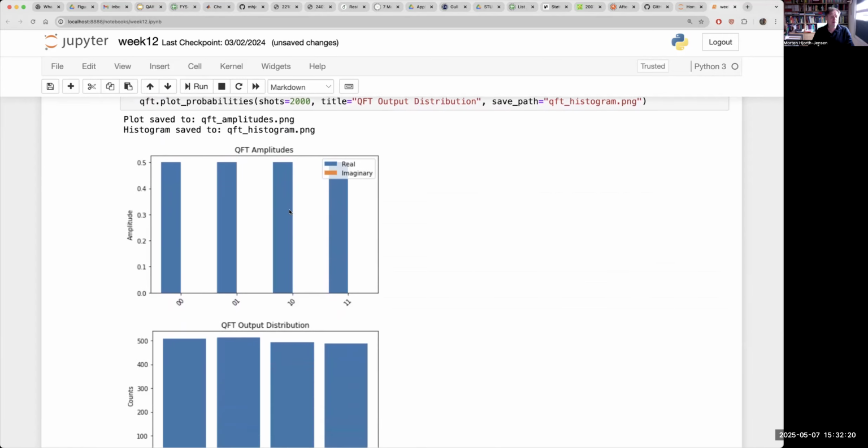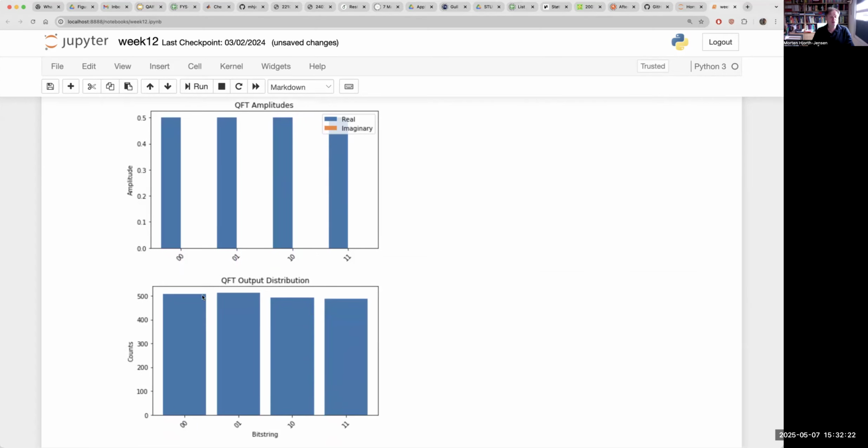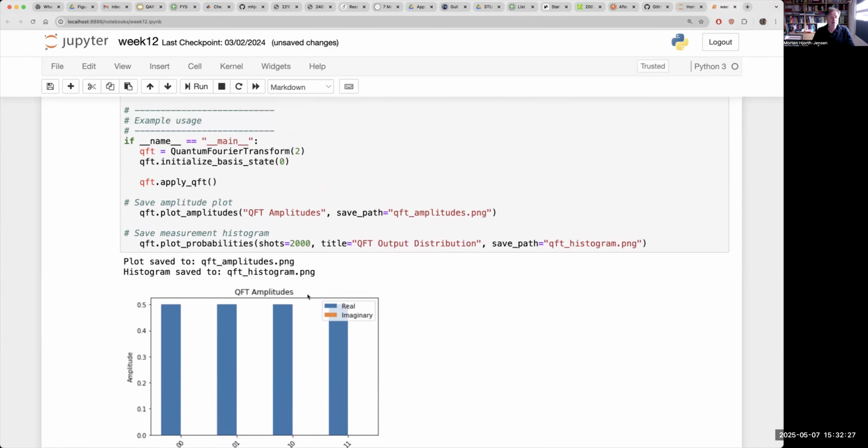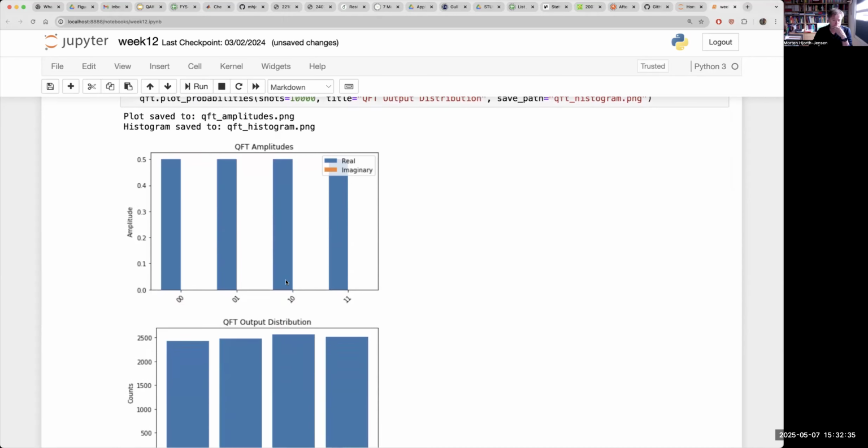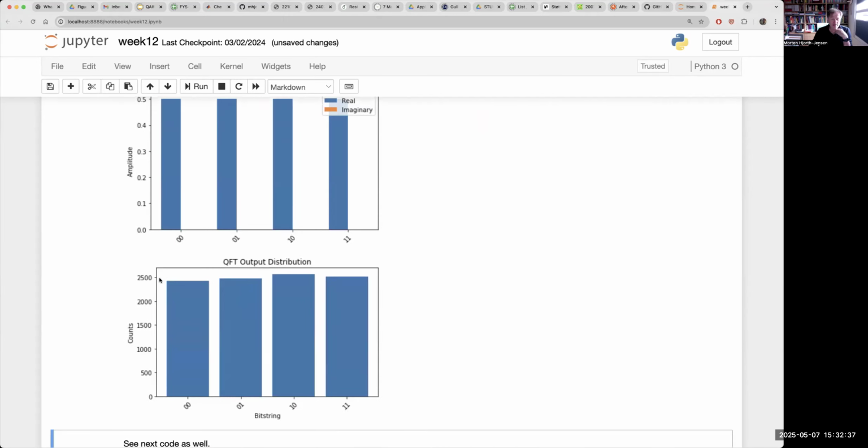And if we do that now, we see that with more measurements, we are getting closer and closer to 500 in each case. If we put the number of shots to 10,000, so let's just redo that. We see now that we don't get exactly 2,500, but we are almost there.